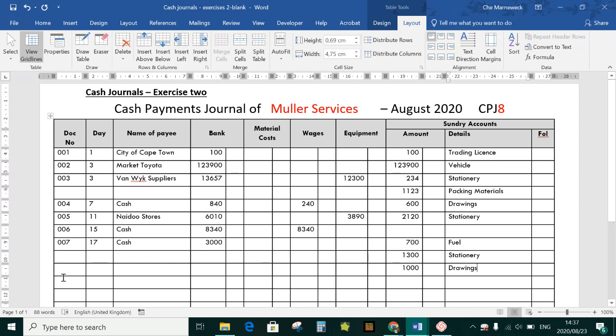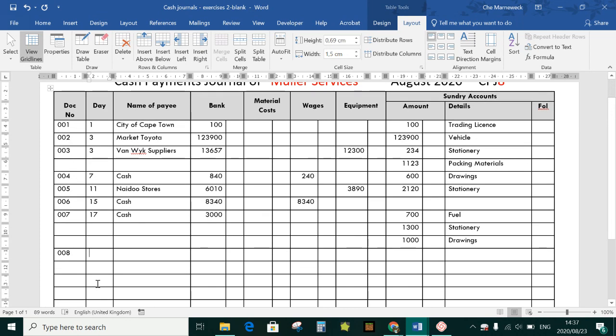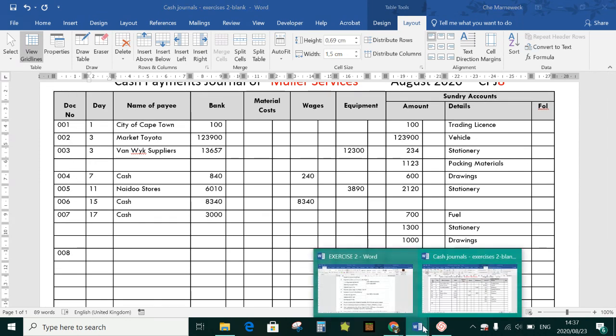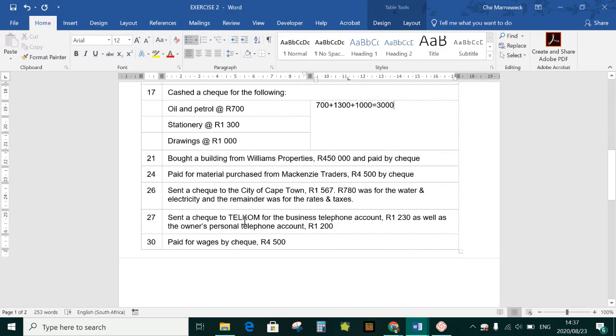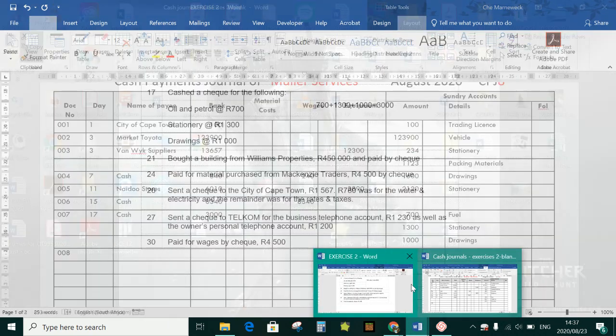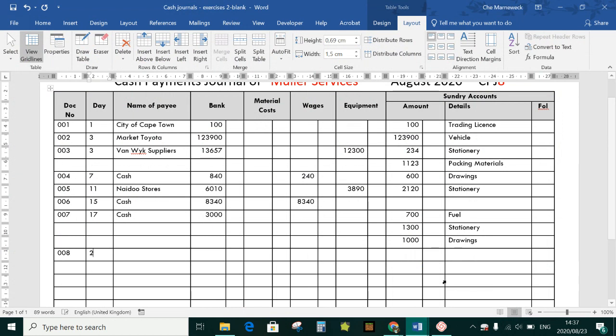So our very next check will go over here. And it's going to be day 21. We've bought a building from Williams Properties. So we can record date 21.